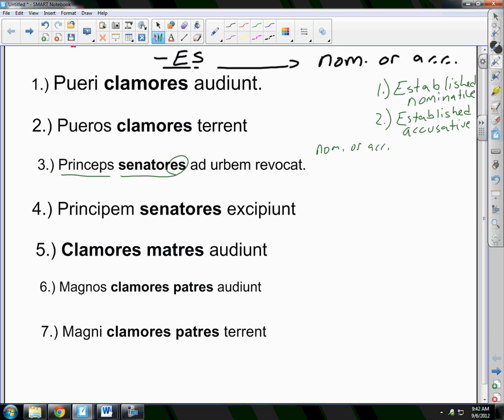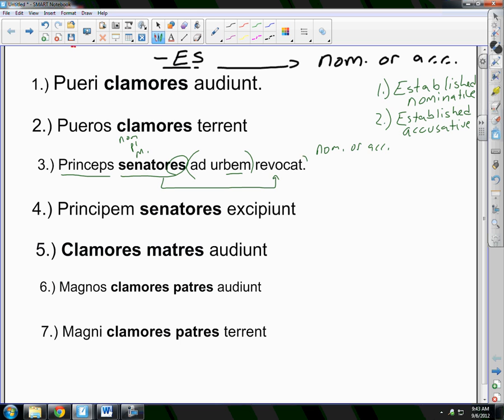I don't have something that I recognize as a nominative. I have an accusative right here, but it's part of that prepositional phrase. I don't have a nominative or an accusative to establish, so what can I do? Well, if it were nominative and plural and masculine, then senatores would have to agree with the verb.